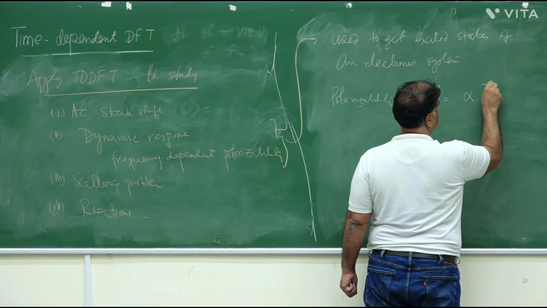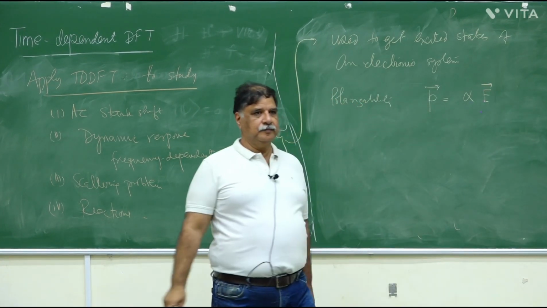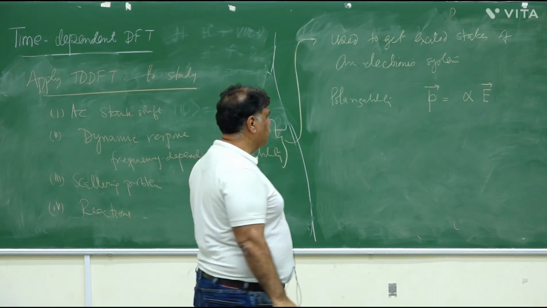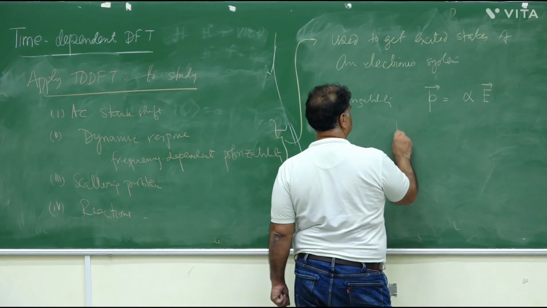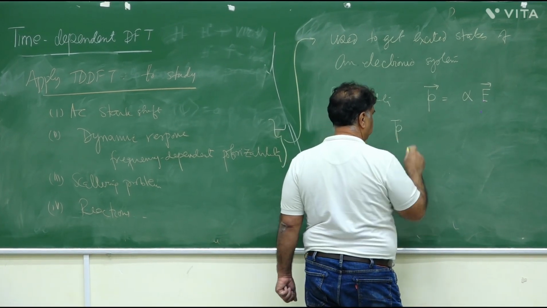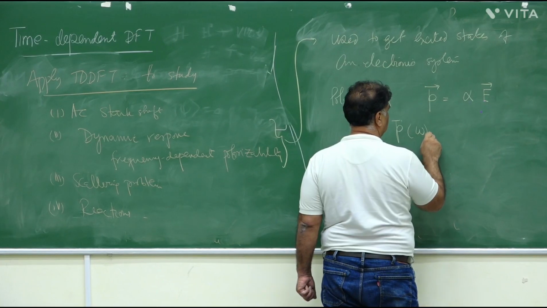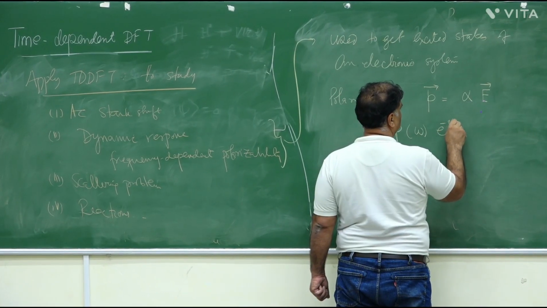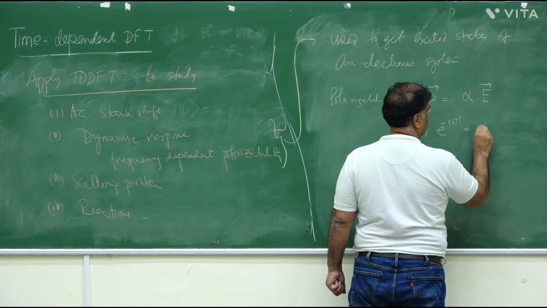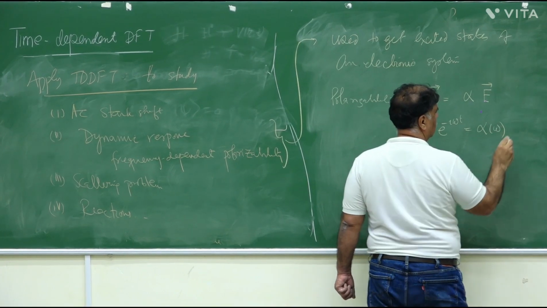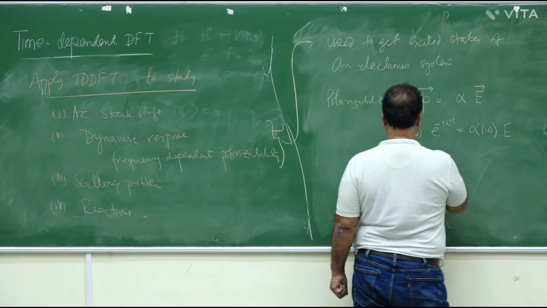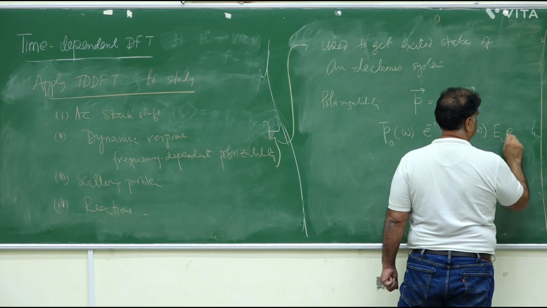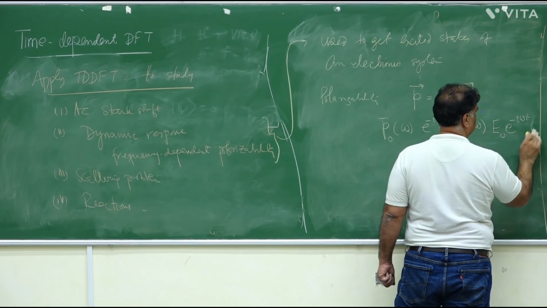If I apply a time-dependent electric field, particularly a periodic time field, then P(omega) e^(-i omega t) is going to be alpha(omega) times some E0 e^(-i omega t).